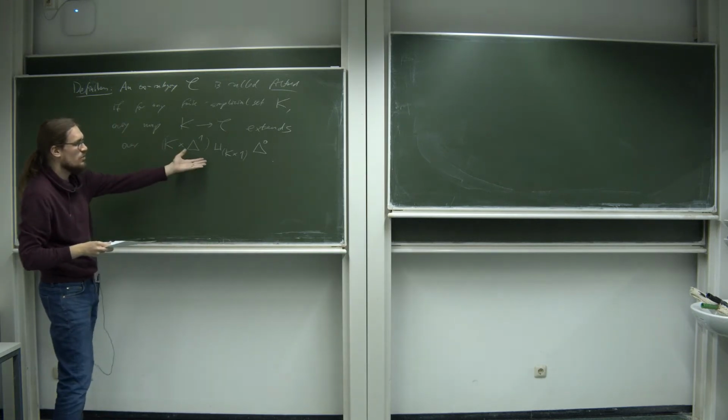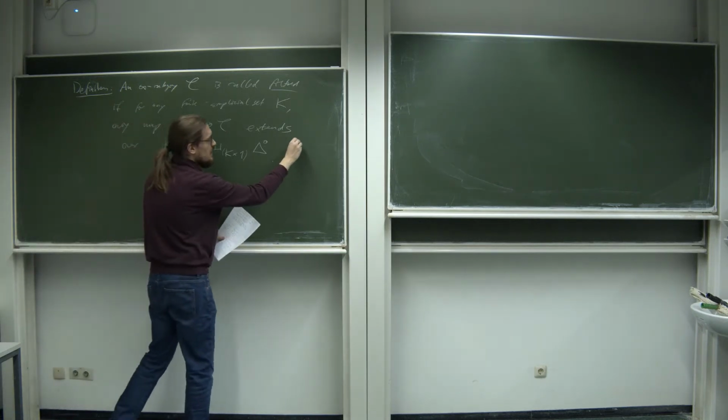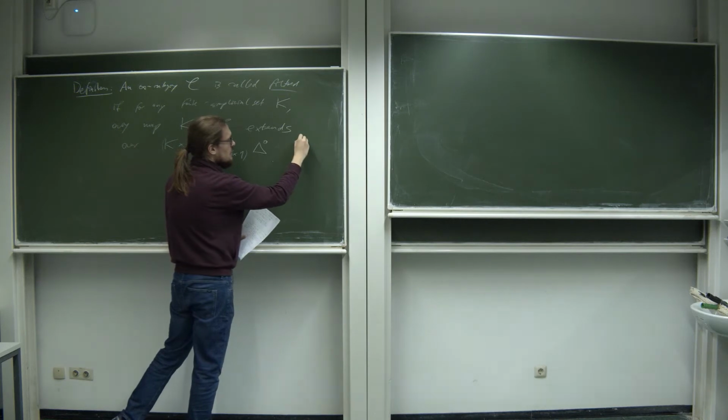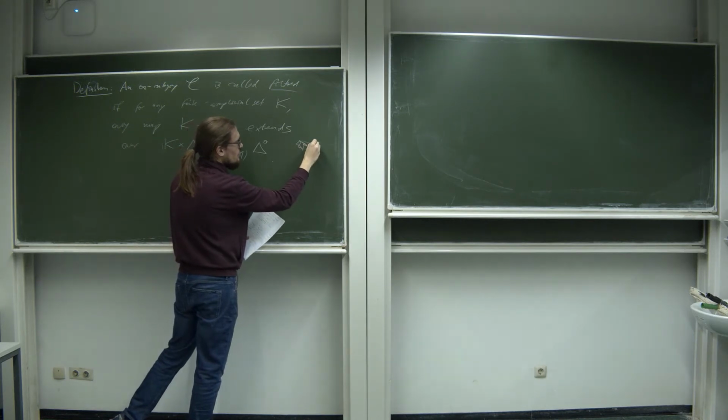Right, and how should you think about this? Well, this basically just takes your simplicial set and forms a cone directed to the right.